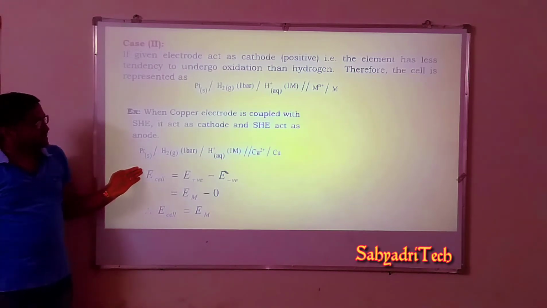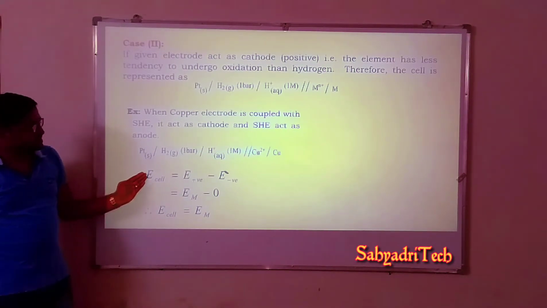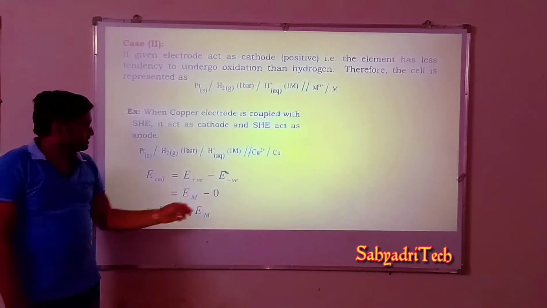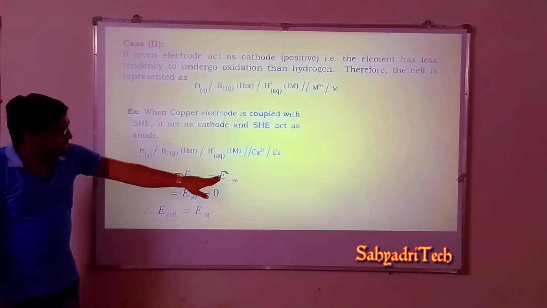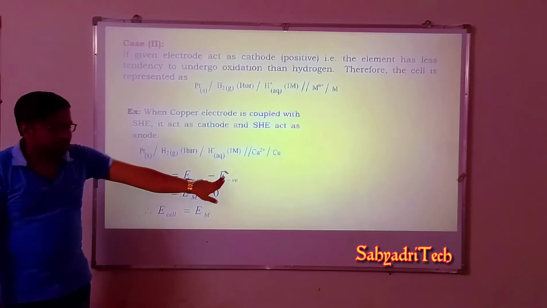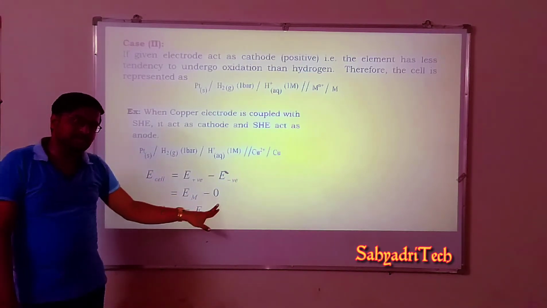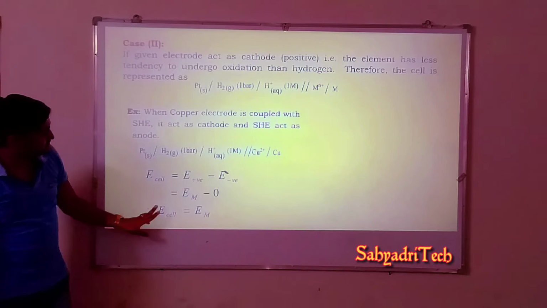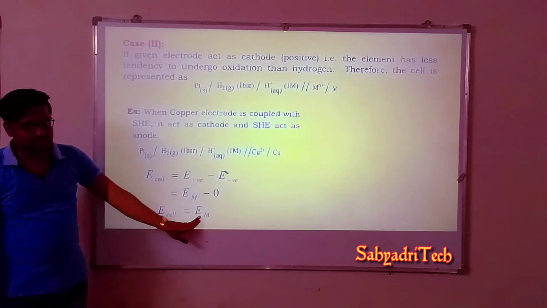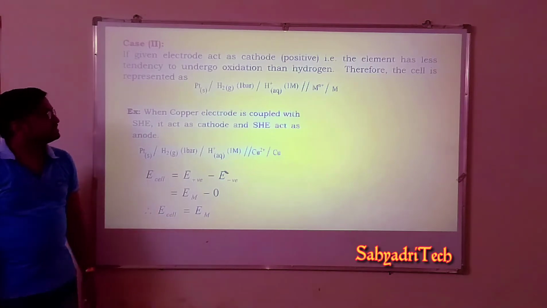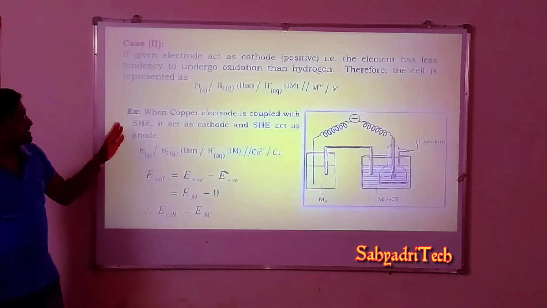Regarding cell potential, as usual, cell potential is equal to E cathode minus E anode. Here the cathode is the given electrode and the anode is SHE. The electrode potential of SHE is taken as 0. So in this case, cell potential is equal to the electrode potential of that electrode itself. This is the general abbreviation.